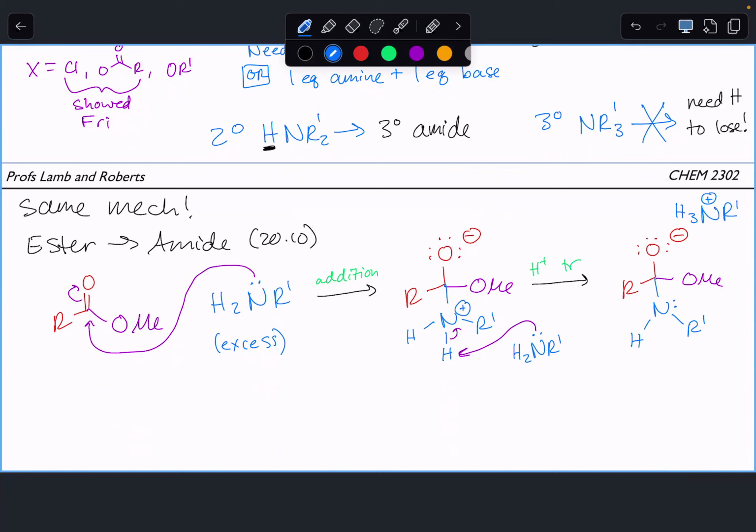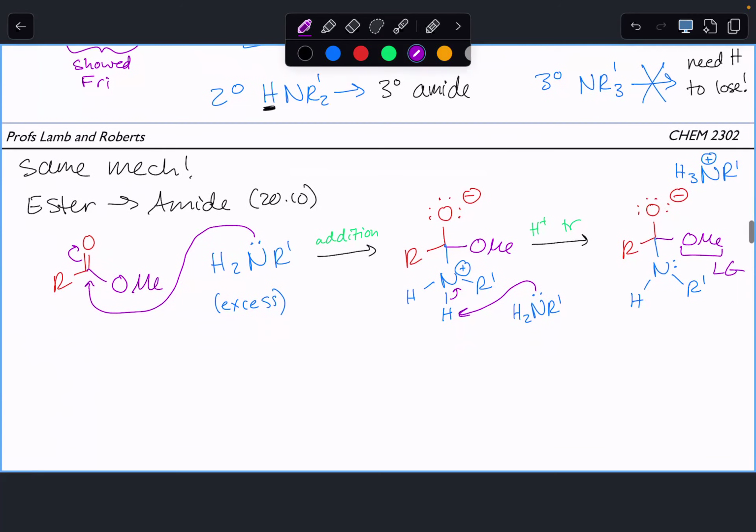Okay. So we're under basic conditions. So O minus is not a good leaving group, but if you heat it and you wait, it will eventually eliminate. So we can do our elimination step directly. Lone pair pushes down to reform the carbonyl, leaving group leaves. This is our elimination step.